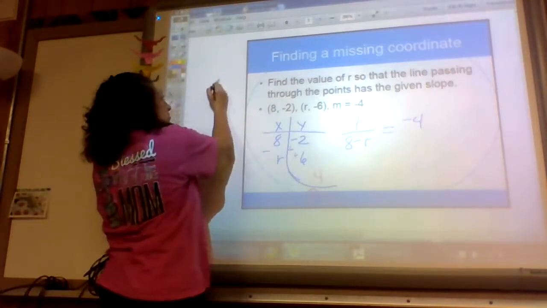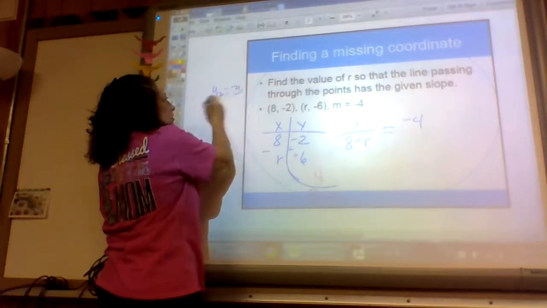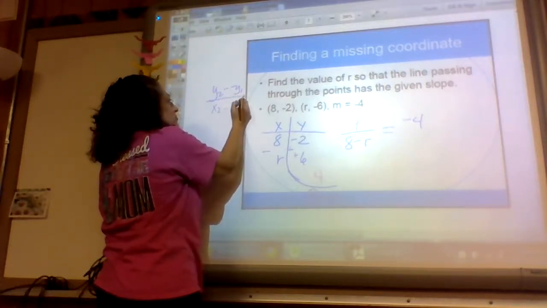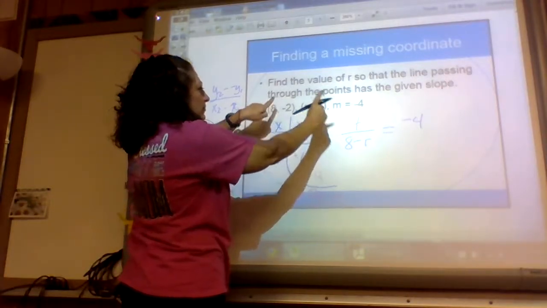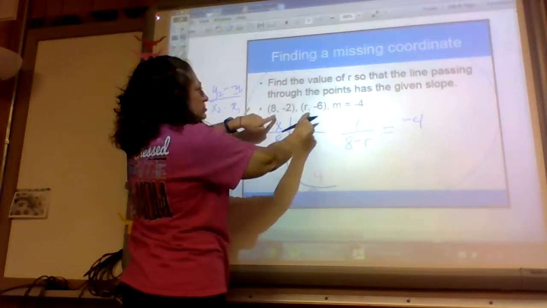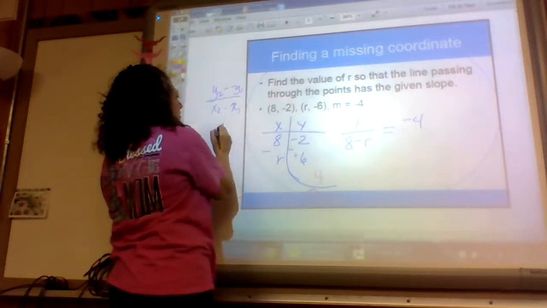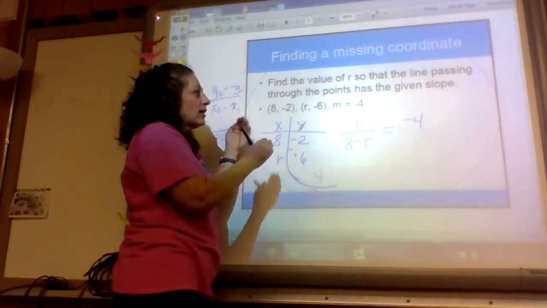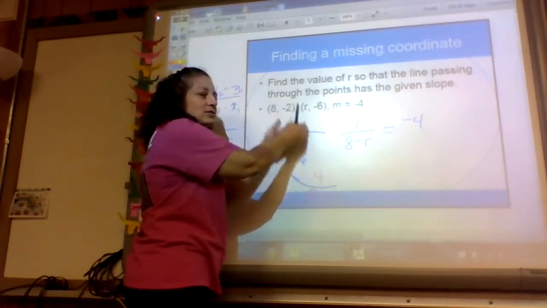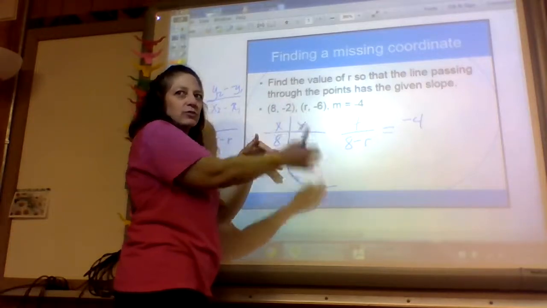But if I were doing the equation, y2 minus y1 over x2 minus x1, for the bottom I was using my 2 x's, and I did 8 minus r on the bottom, that minus that. And it doesn't have to be r minus 8, it can be 8 minus r, as long as you go the same direction for both of them.